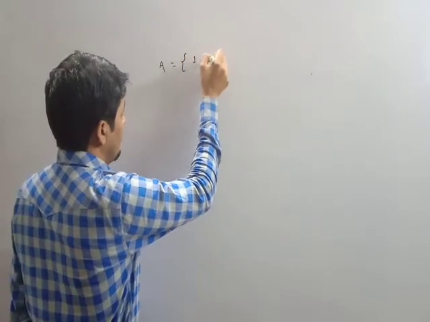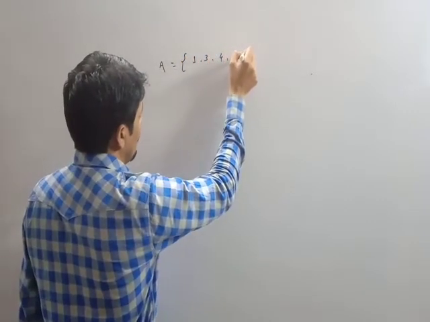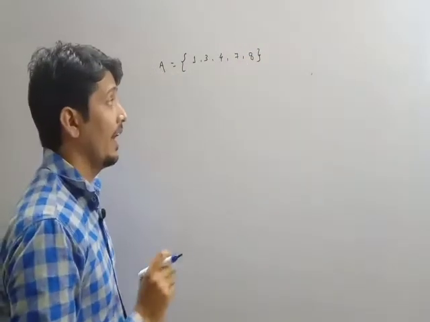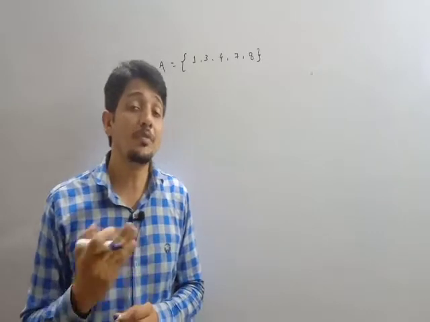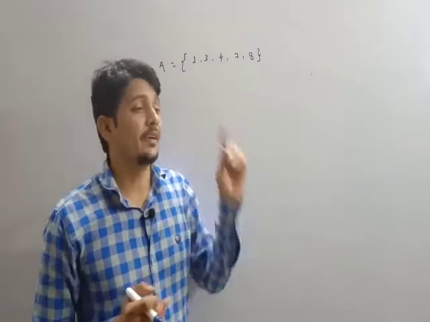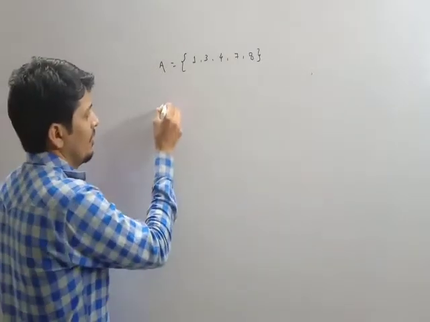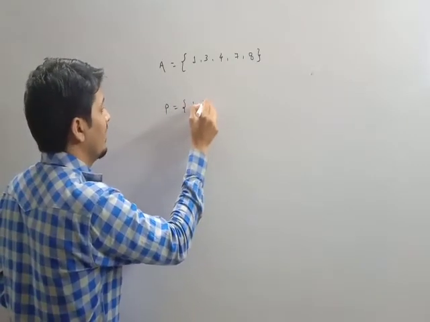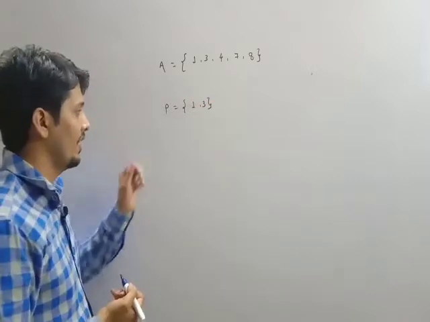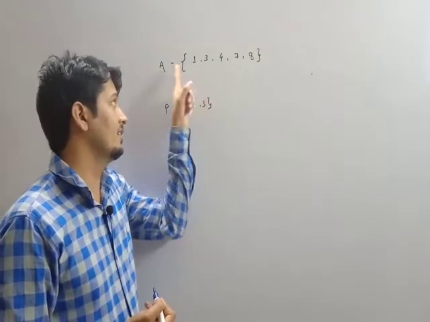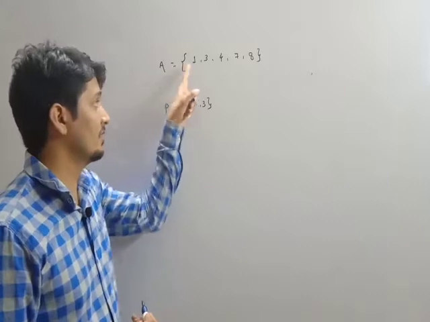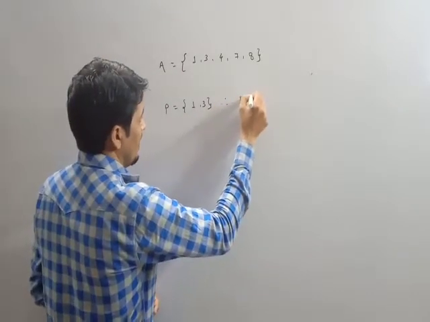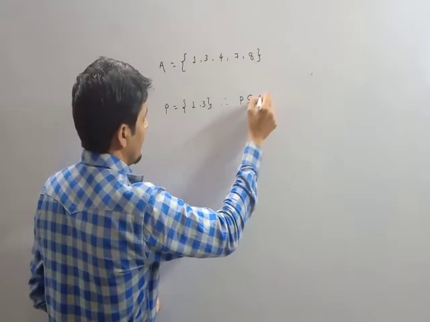So these are the members of set A, and you have to write a few subsets of set A. So let P be the set of 1 and 3. So we can say 1 and 3 are present in set A. That means P is a subset of set A. So therefore we can write P is a subset of set A.